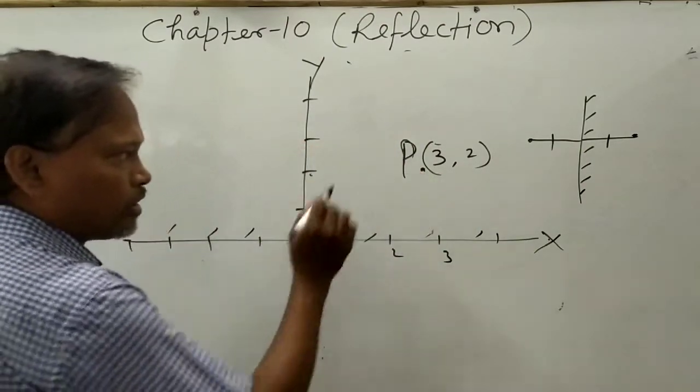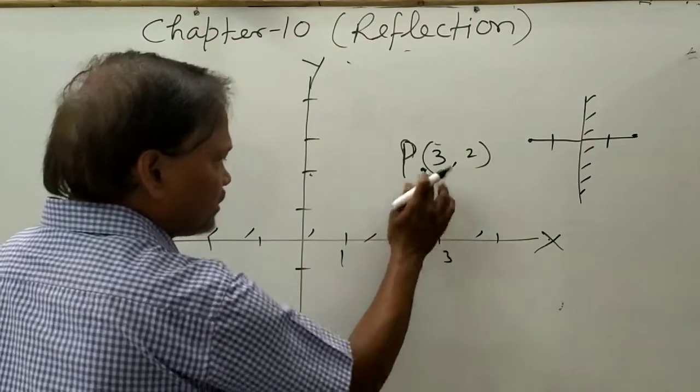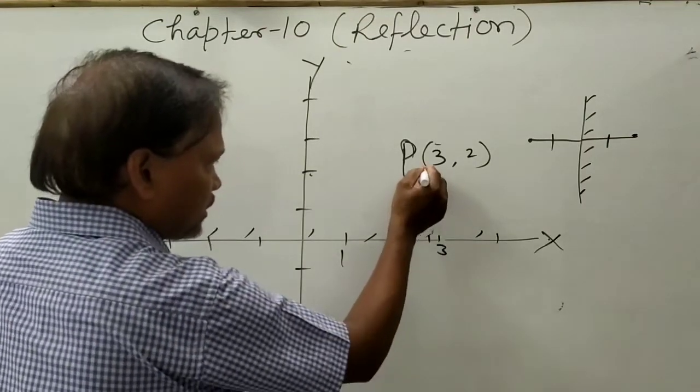अगर इमेज यहाँ पे है पॉइंट, तो यू विल गेट द इमेज through this mirror.